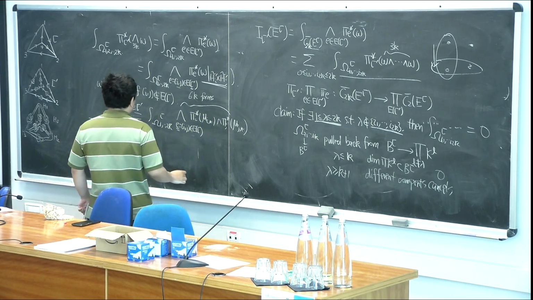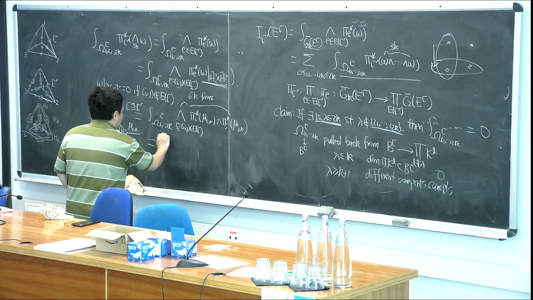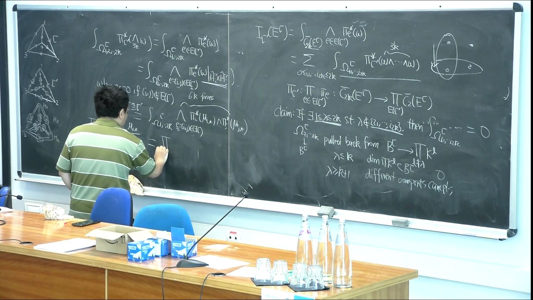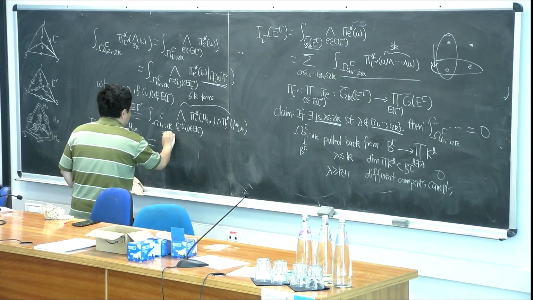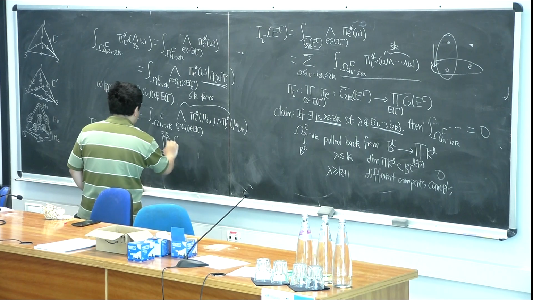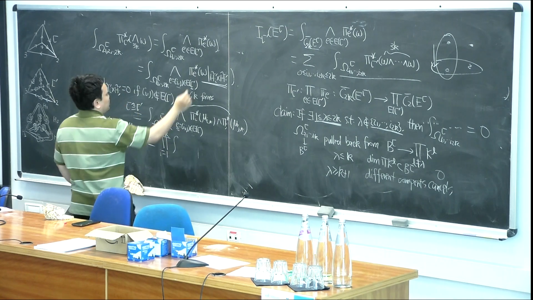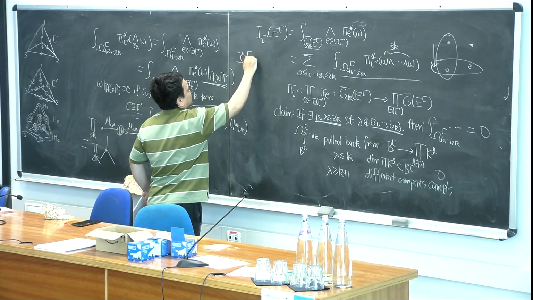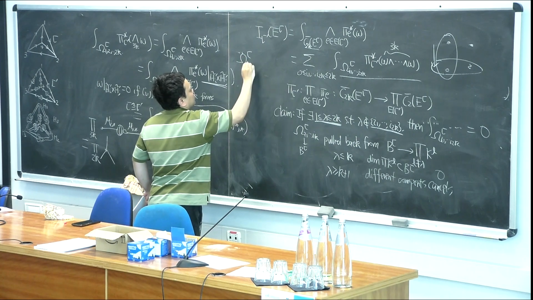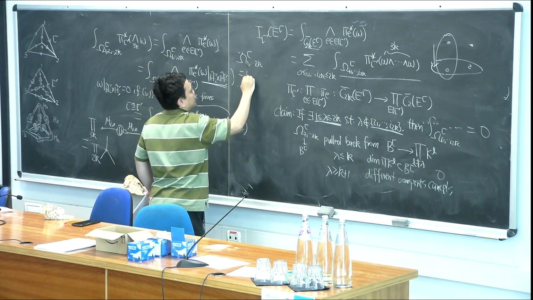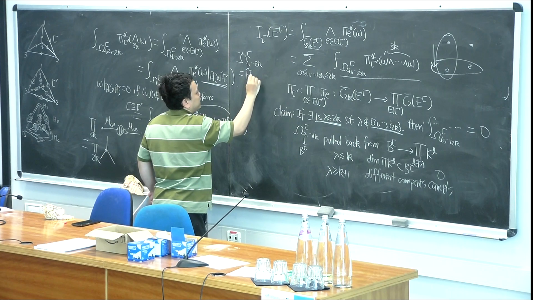And that gives us the product over I equals 1 to 3k of the integration over this. Note that this is just a handle body. It's just the product of this family of handle bodies.